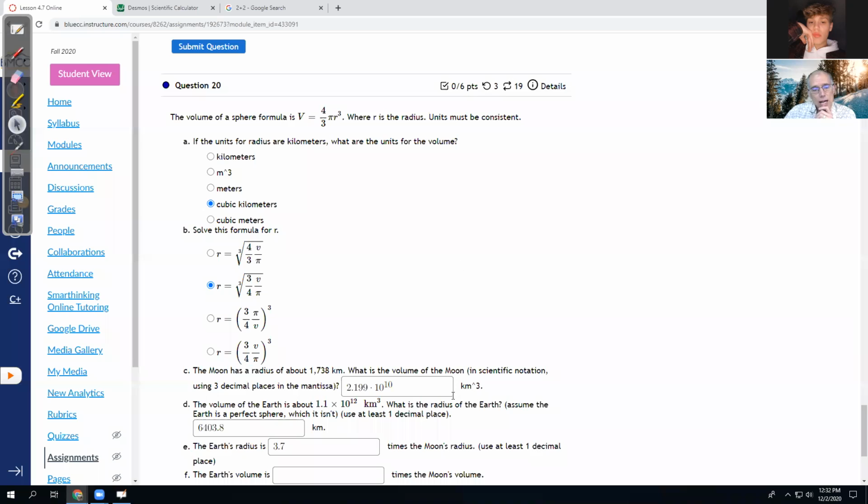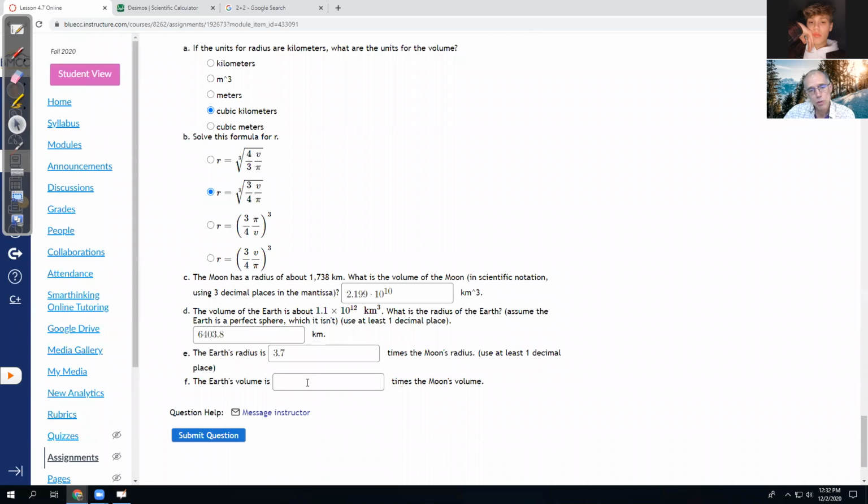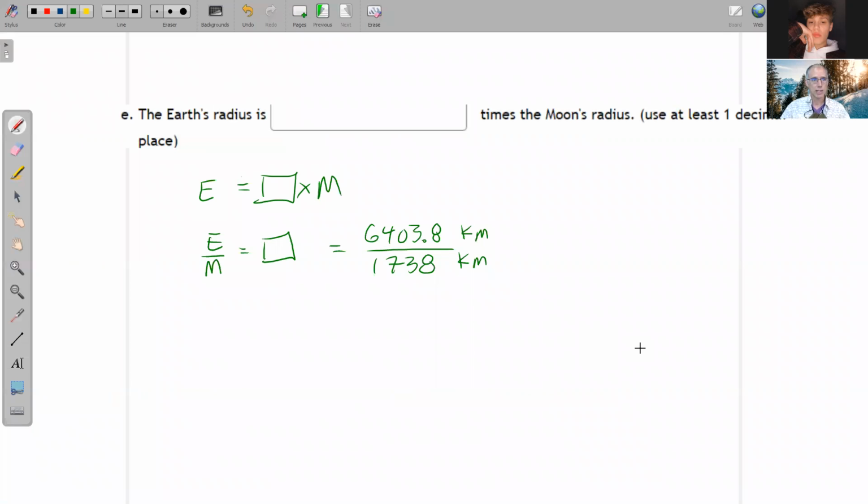The next question asks, well, what about the volume? What happens if we compare the volumes? So then we have to take the volume of the Earth, divide by the volume of the moon, because again, it still says Earth first. So we can repeat that same process.